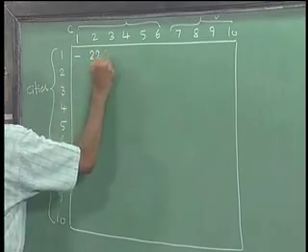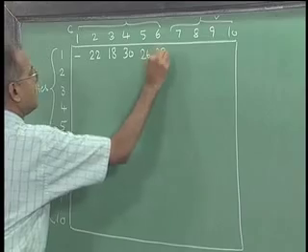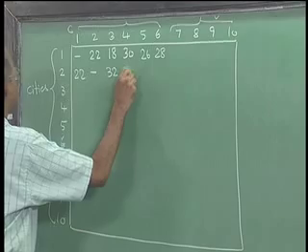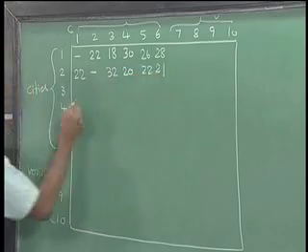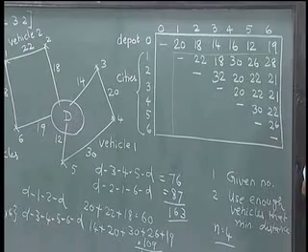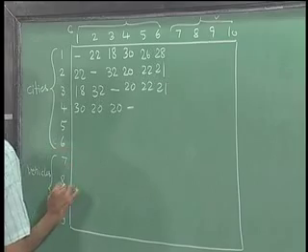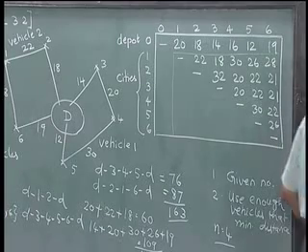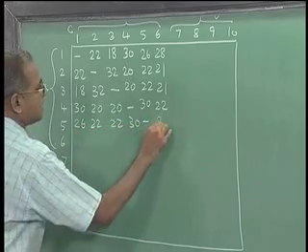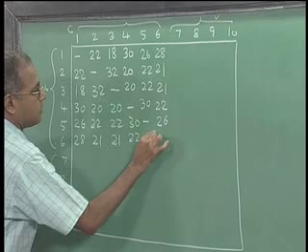So, we get dash, 22, 18, 30, 26, 28, 22, dash, 32, 20, 22, 21, 18, 32, dash, 20, 22, 21, 30, 20, 20, dash, 30, 22, 26, 22, 22, 30, dash, 26 and 28, 21, 21, 22, 26, dash.